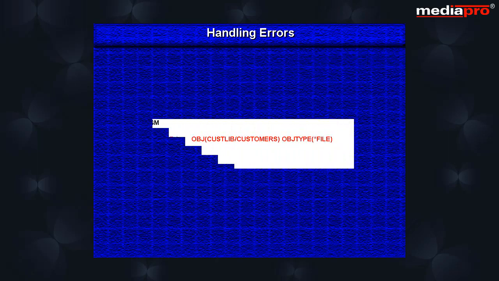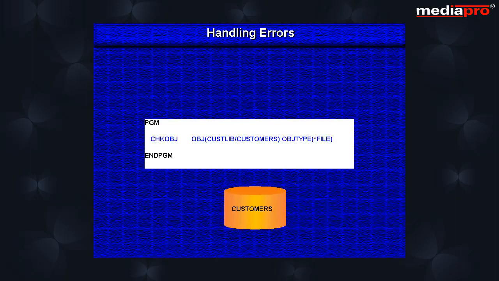We shall now move on to see how error conditions can be handled in CL programs. Consider this example. A program uses the checkObject command to check whether the customer's file exists in the custlib library or not.